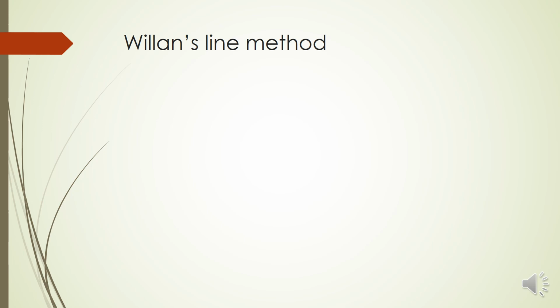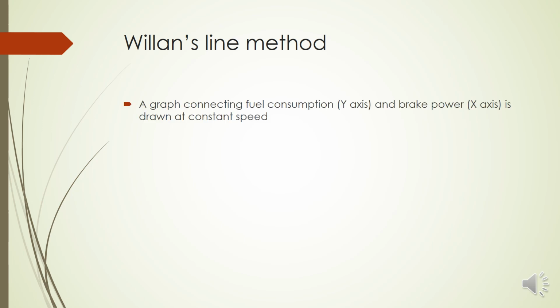Our next method is Willan's line method. You might have done this in your lab. Here a graph between fuel consumption and brake power is plotted at constant speed, with fuel consumption on the y-axis and brake power on the x-axis.